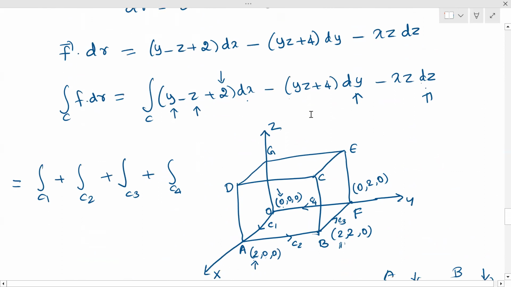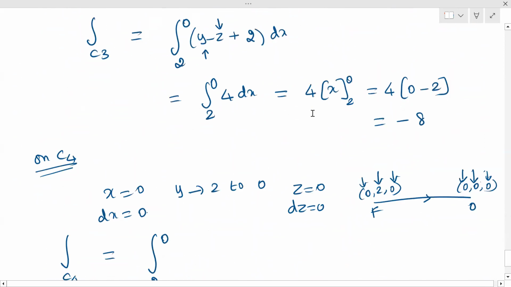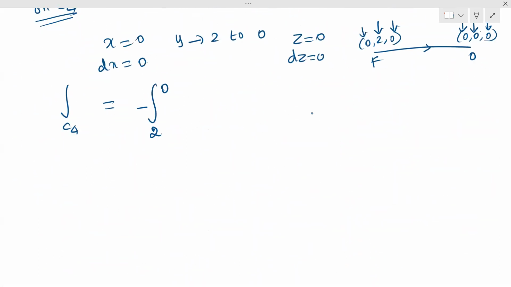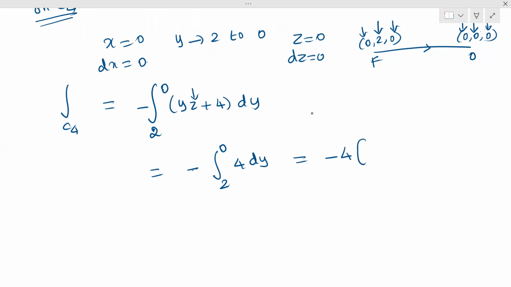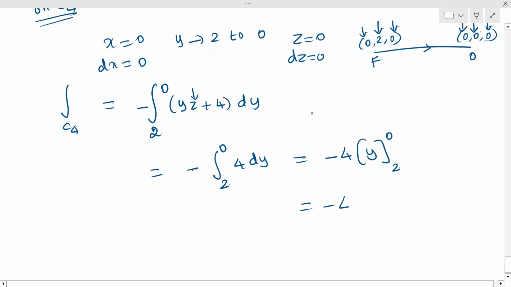Minus yz plus 4 dy. Again you substitute z equal to 0 and we will get minus 4 dy. So integration from 2 to 0 gives minus 4.